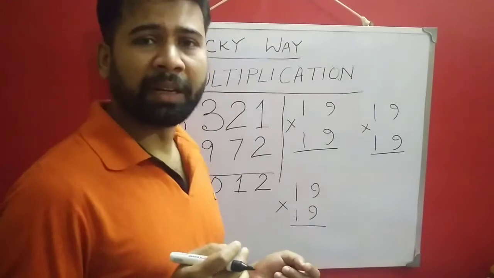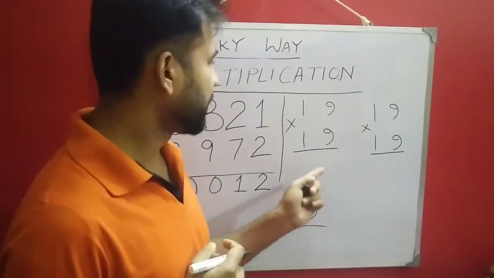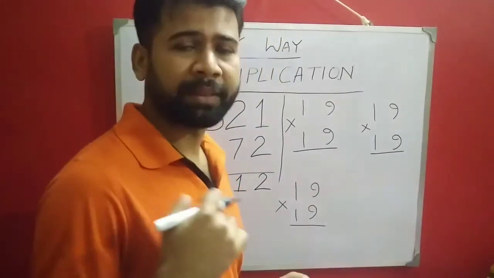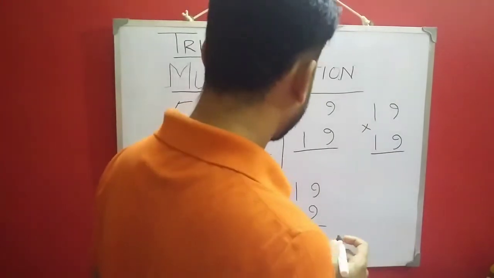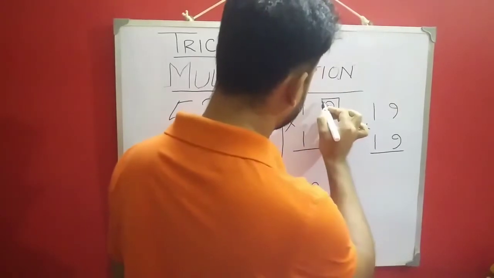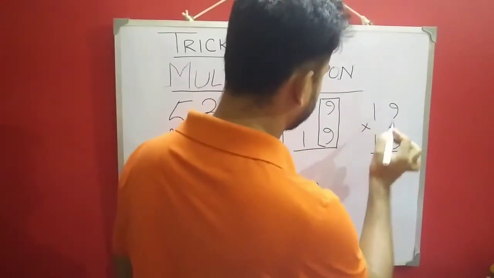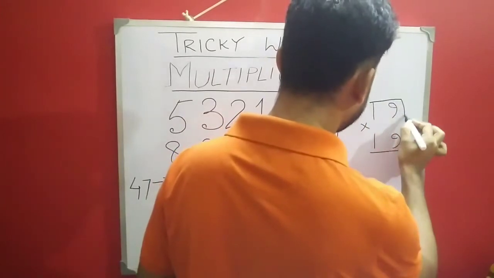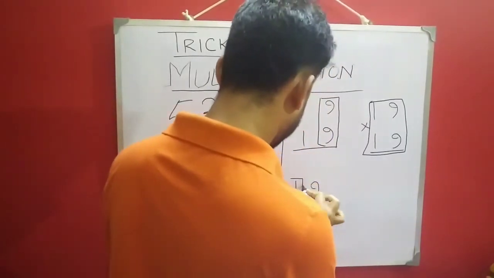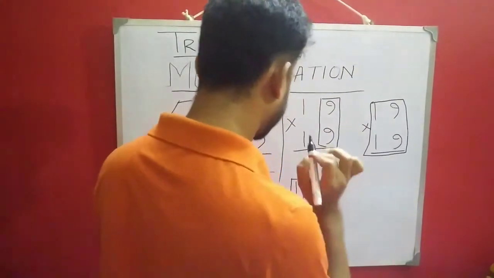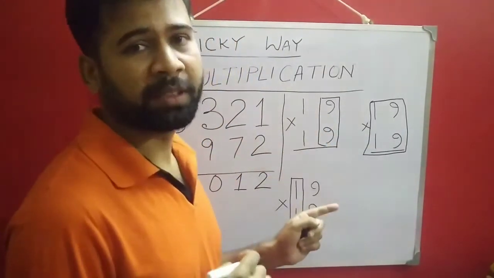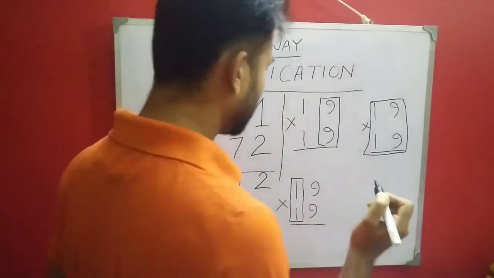For the sake of your understanding, I just write the number multiple times and box the number. The multiplication of this box is your desired result.